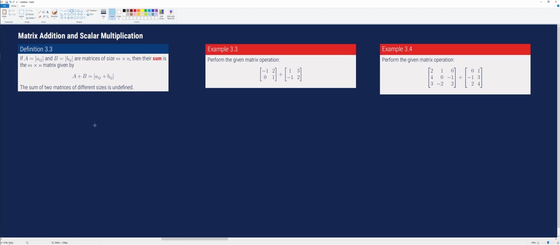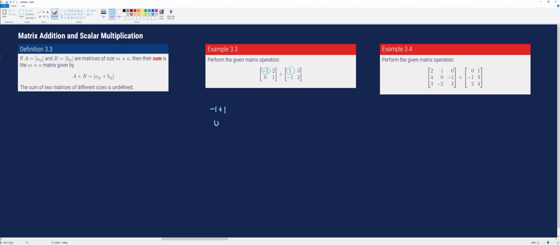For example, suppose we want to add the two matrices in example 3.3. To do that, we simply add the corresponding elements of the matrices. That is, 1 plus 1 for the first element.